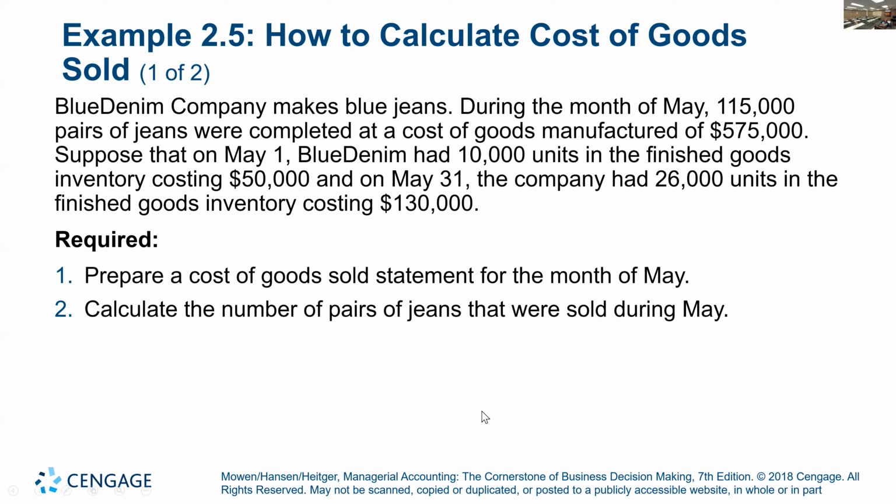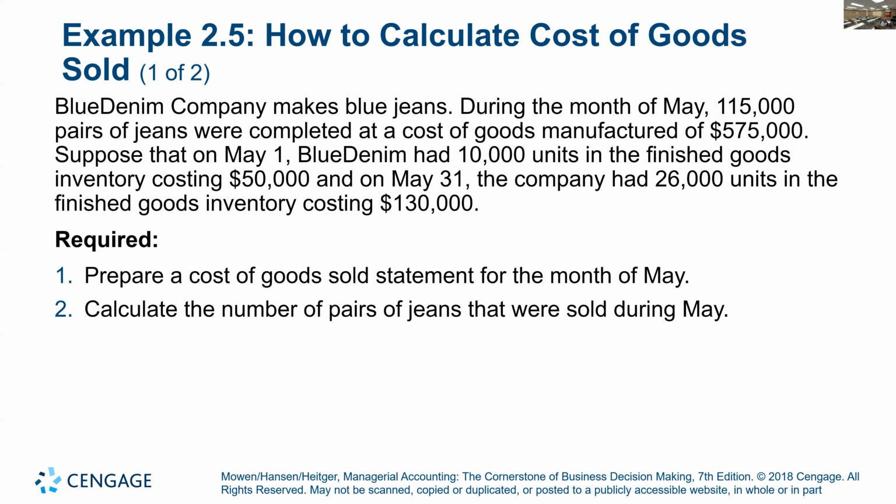So here's one more example we're gonna get through here, how to calculate the cost of goods sold, then we'll make an income statement, and this one's gonna be all wrapped up, okay? So Blue Denim Company makes blue jeans during the month, 150,000 per jeans were completed at a cost of goods manufactured of $575. So you notice that when it says cost of goods manufactured, that means all of that went into finished goods.